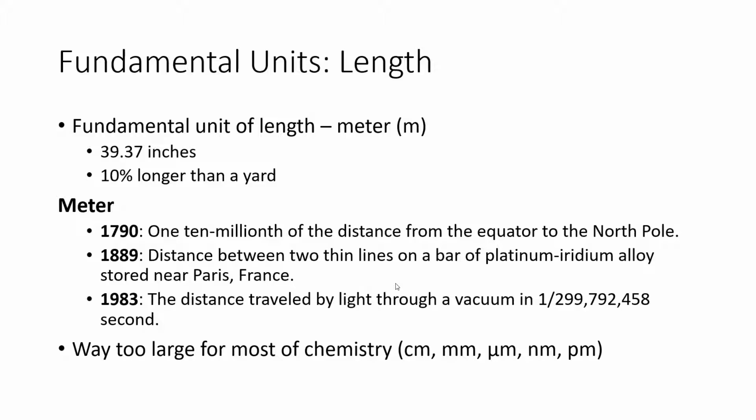In 1983, we defined the meter as the distance traveled by light through a vacuum in 1/299,792,458 seconds. All right, so that is a value that can never be messed with, and nobody can steal the distance traveled by light through a vacuum.